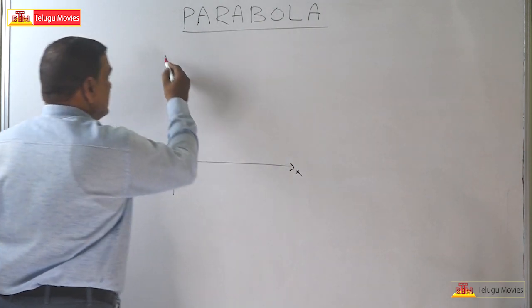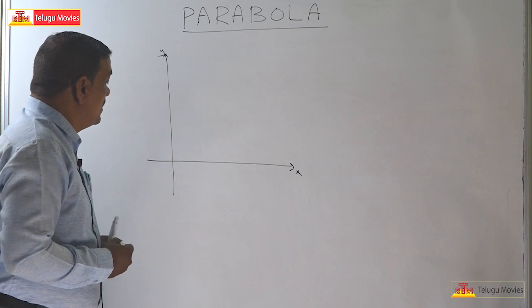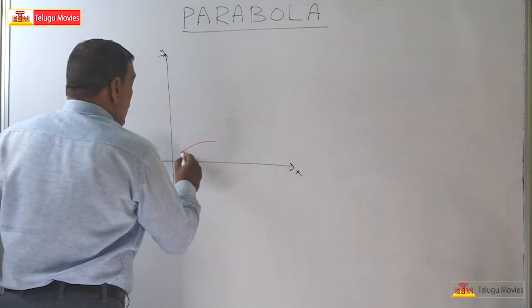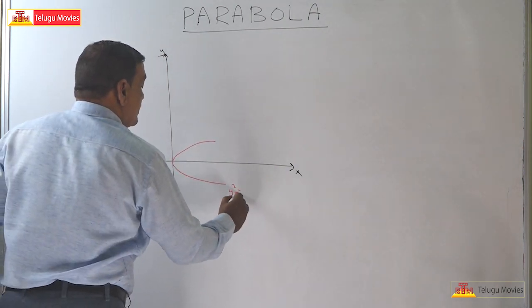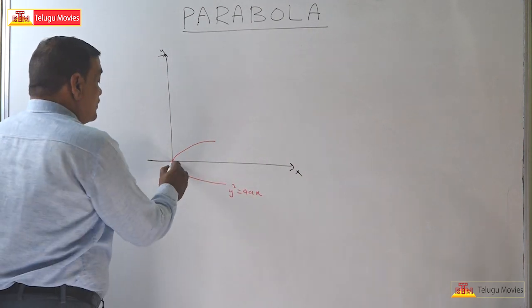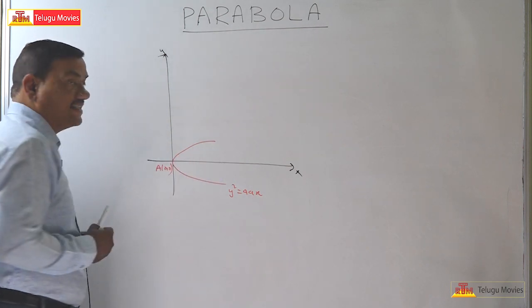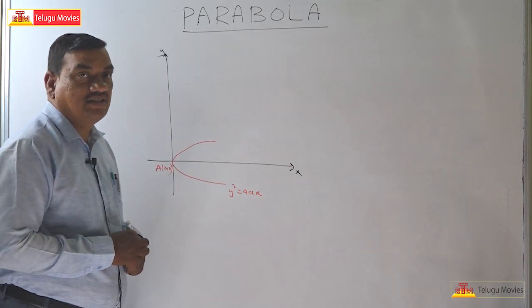Let us take the x-axis and y-axis. First I will take this parabola, y square is equal to 4ax, whose vertex is (0, 0) and axis is the x-axis.